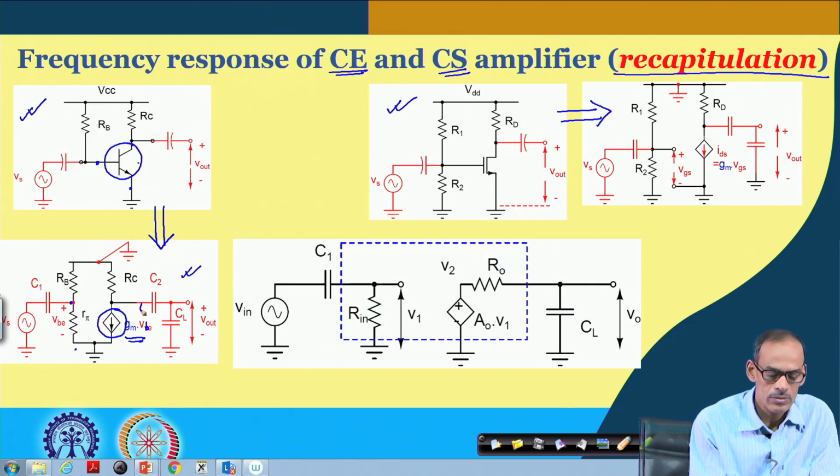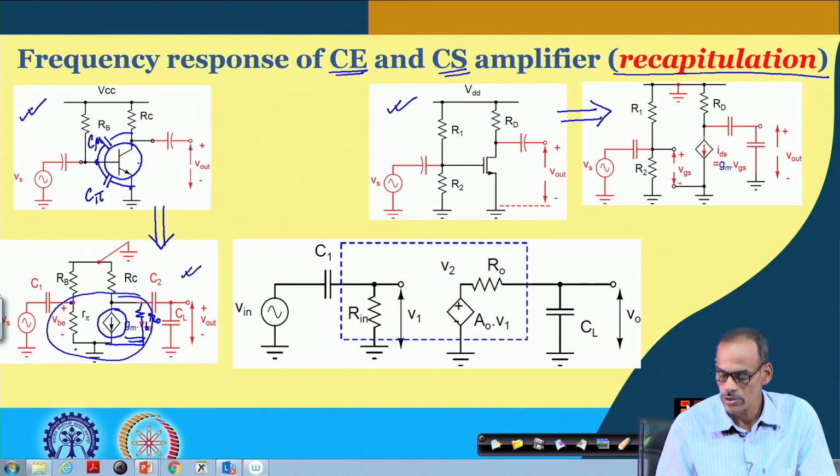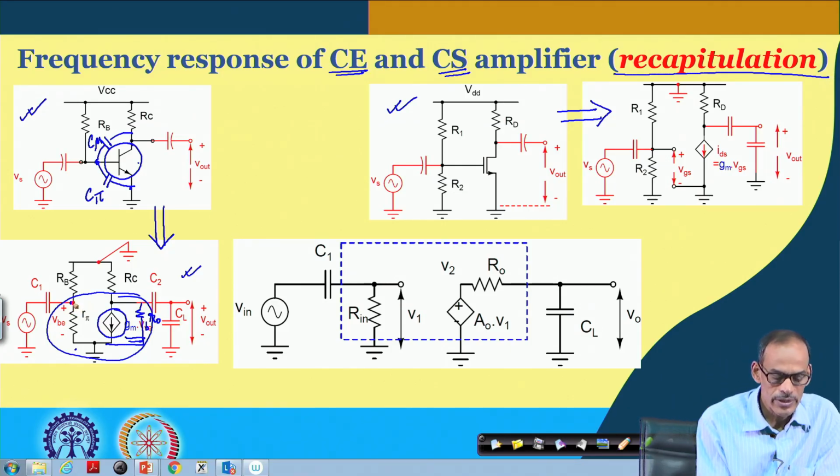In addition to that, we may consider ro, but the model we have considered so far does not include the inherent capacitances associated with this transistor, namely the base to emitter terminal capacitance called C pi, and the base to collector terminal capacitance called C mu. If you consider these two capacitances in this equivalent circuit, we expect a C mu part here and a C pi part here.